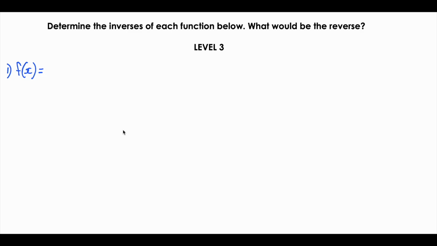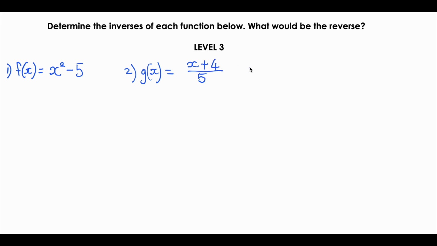So f of x, let's say now that we have x squared minus 5 as a function. Then the next function we're going to have is g of x, let's say x plus 4 over 5.